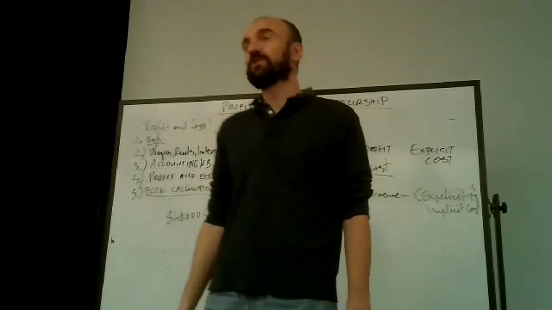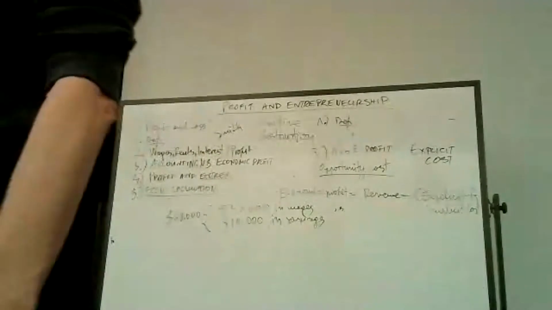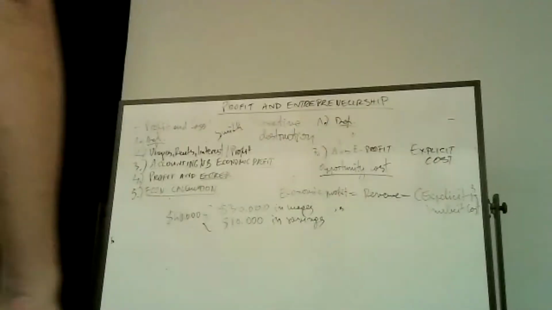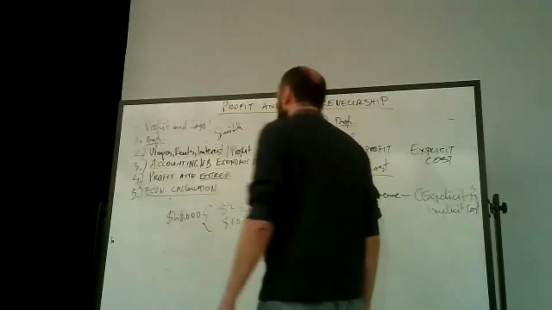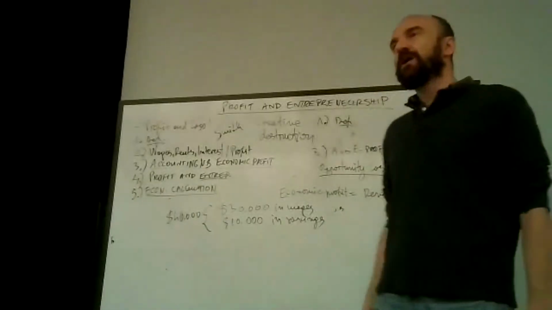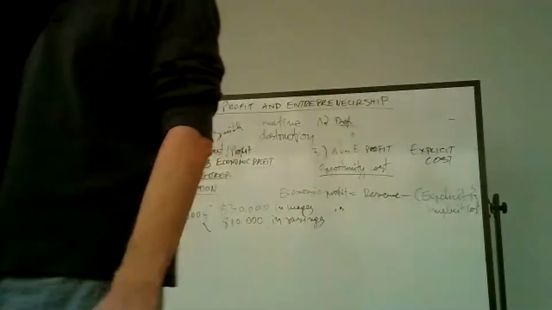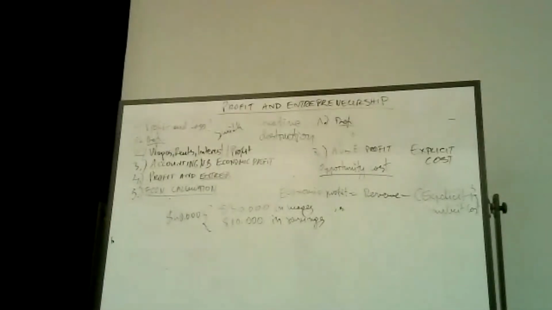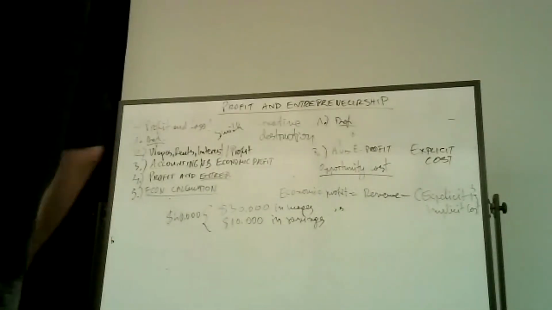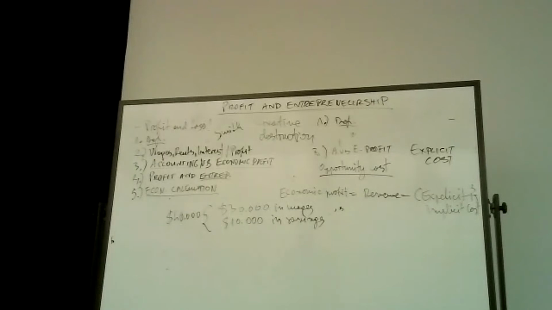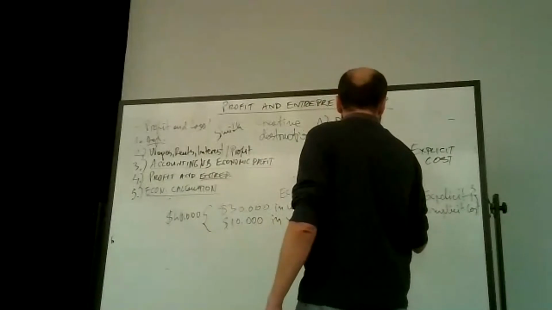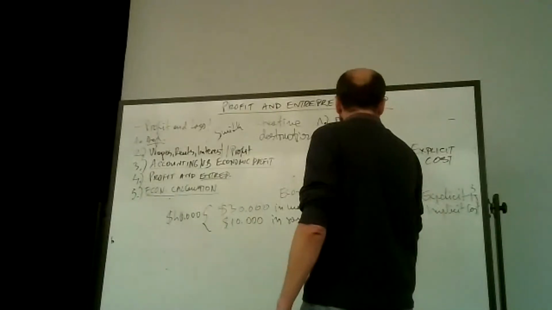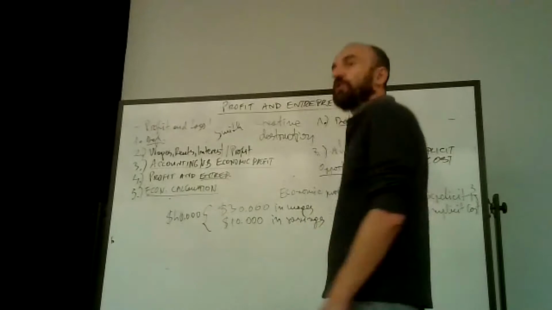Imagine now that this person wants to start a business. Wherever in your book they use this example of a pizza restaurant, or any new business venture, this person anticipates a total revenue of $85,000 per year.